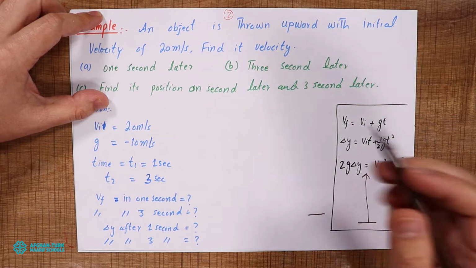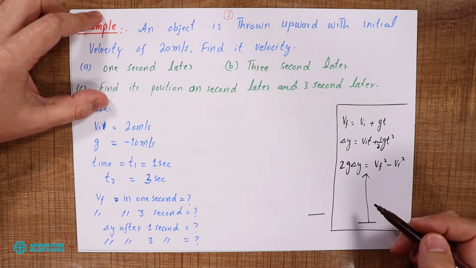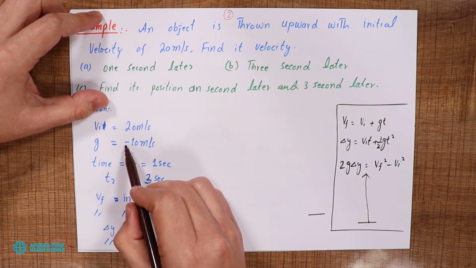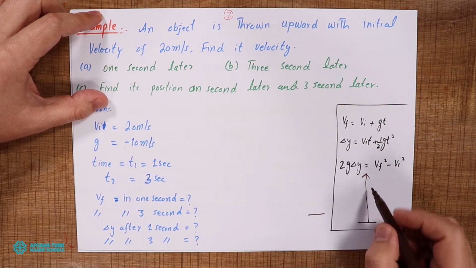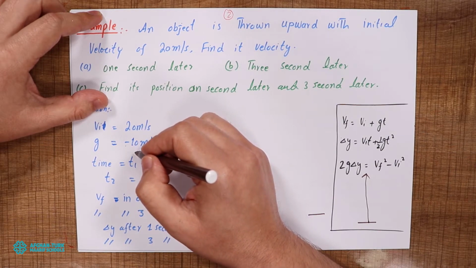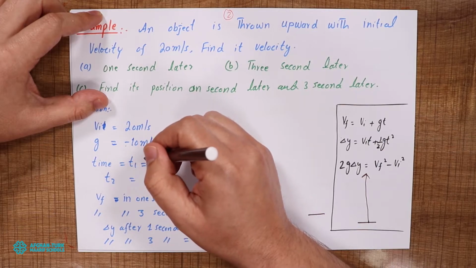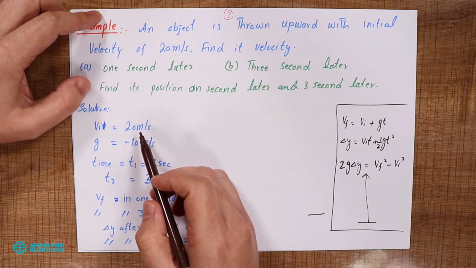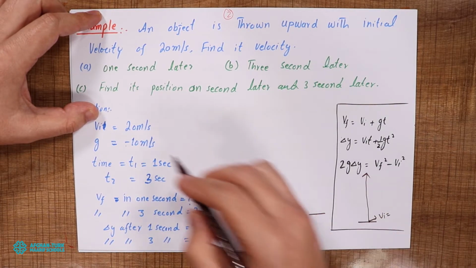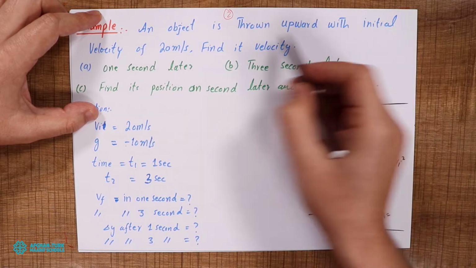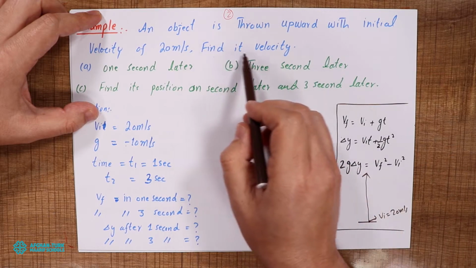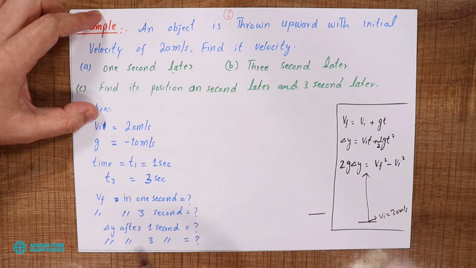We already studied in the last lecture that if we move from down to up, we will use the g value as minus 10, because the speed decreases, or there is some effect on the g value. At this point the initial velocity is 20 meter per second, as they mention here.